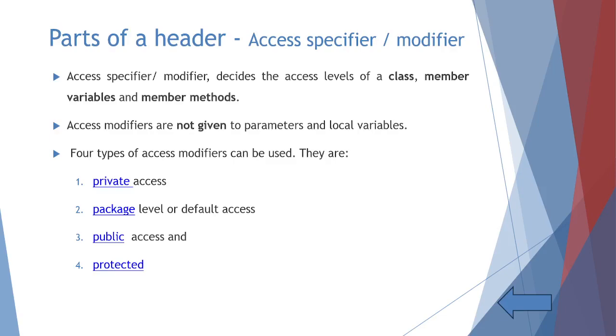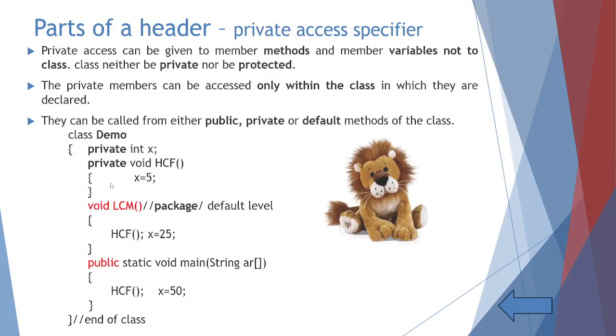Let's see private access. It's like a small toy possessed by a child who doesn't want to share it. This means private access can be given to member methods and member variables only.